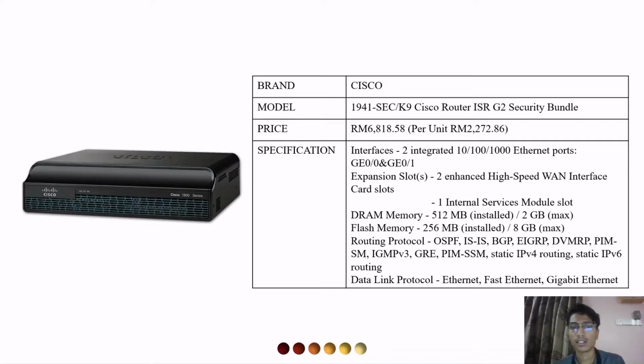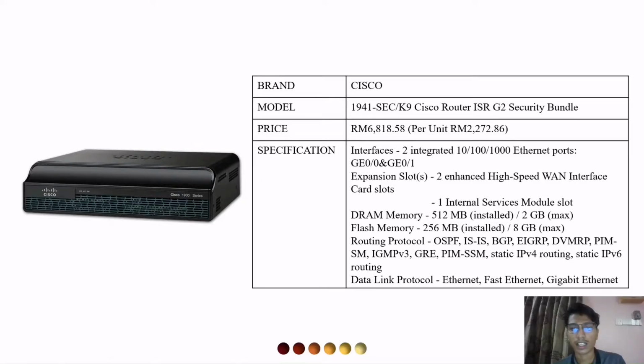Okay, this router got DRAM memory of 512 MB installed, but you can upgrade with maximum capacity of 2 GB, and we got flash memory of 256 megabyte installed. If you want to add, we can add until 8 gigabyte.